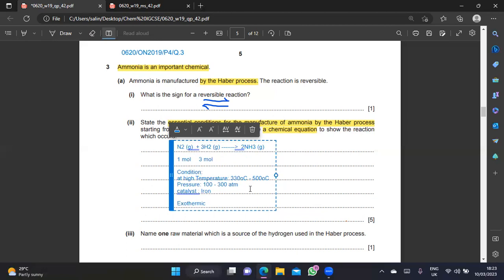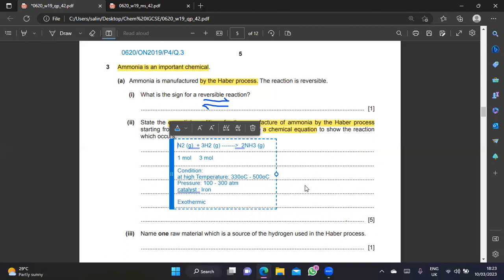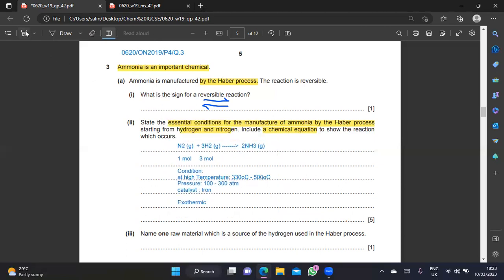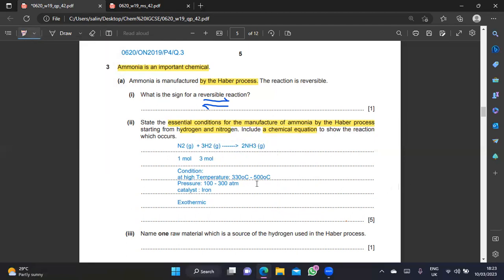The temperature itself, between 330 degrees Celsius to 500 degrees Celsius. You have to remember this. While doing the lesson with me, I want you to start memorizing also. You have no choice actually. This is the temperature, high temperature, 330 degrees C and 500 degrees C.